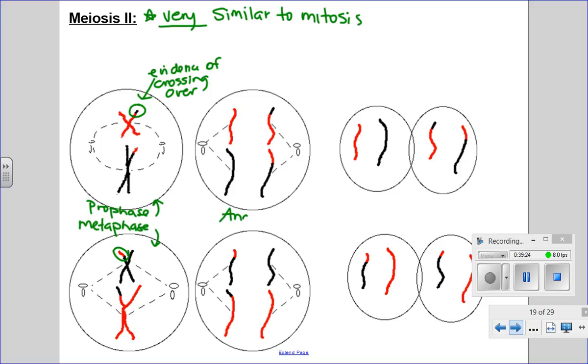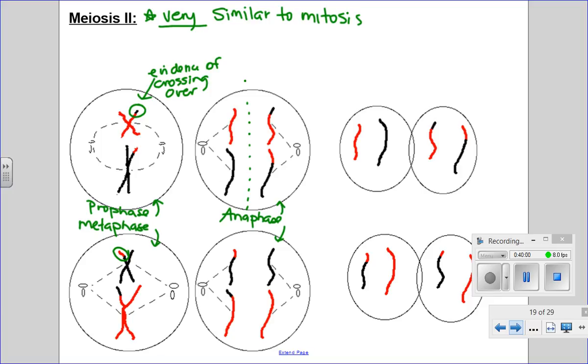Now the next set of pictures is what anaphase could look like. There's two pictures just reminding you that in anaphase, independent assortment still happens. So the chromosomes could be lined up either way. On the top, it's showing you, if I was to divide my cell in half, that the red one would go on the left, the black one would go on the left, the red one with the black tip would go on the right, the black one with the red tip would go on the right.